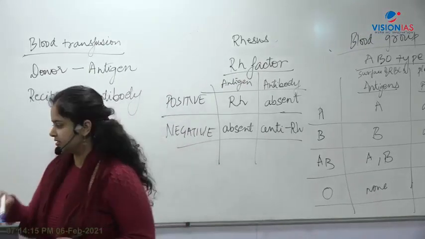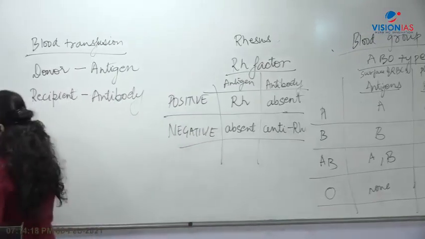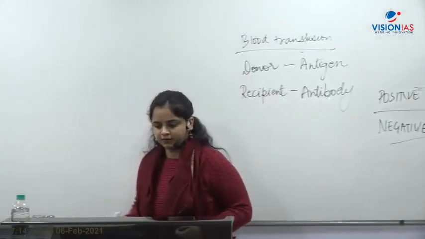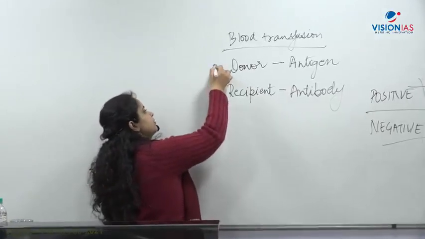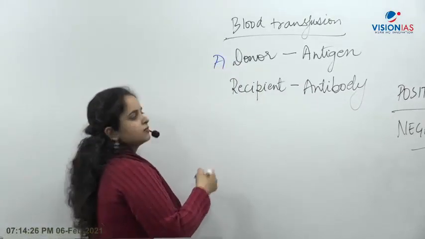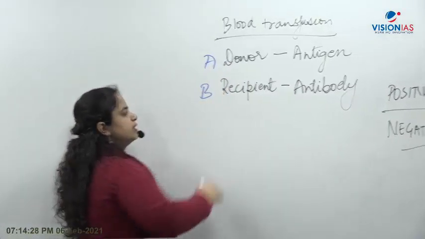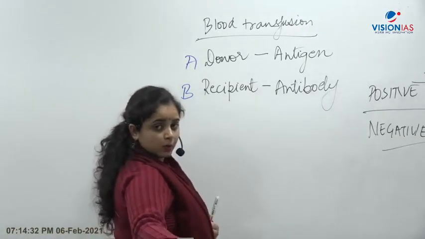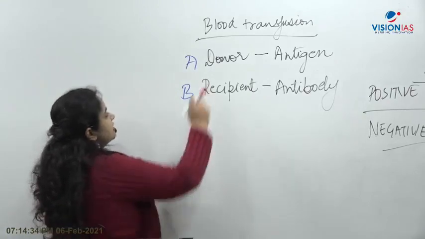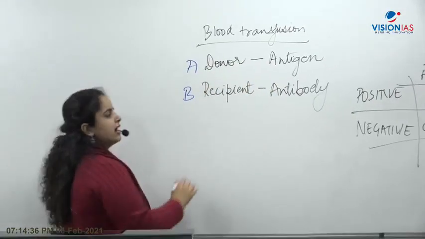Okay, just listen carefully. Suppose my donor has a blood group A, and my recipient has blood group B. Fine. So now what happens is, for the donor I have written, look for the antigen.